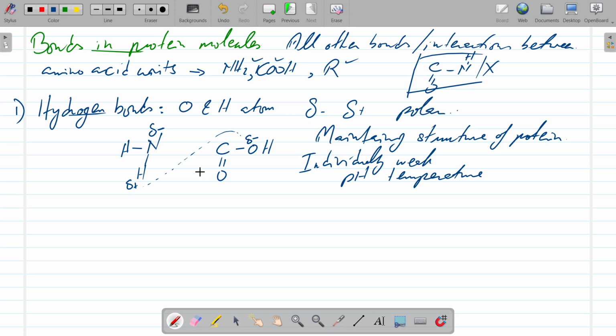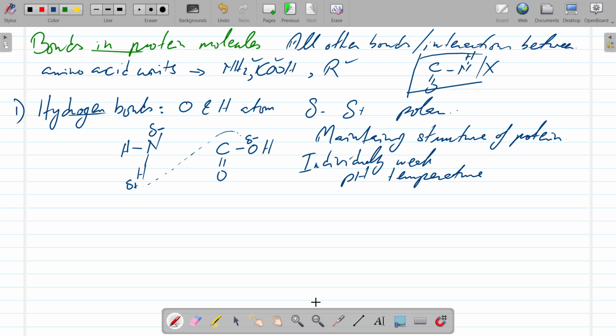As I mentioned, we came across hydrogen bonds with water, and even there an individual hydrogen bond is weak. The reason why water has certain properties that are different from other similar molecules is because it has a lot of hydrogen bonding going on.